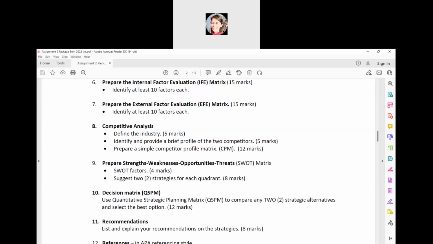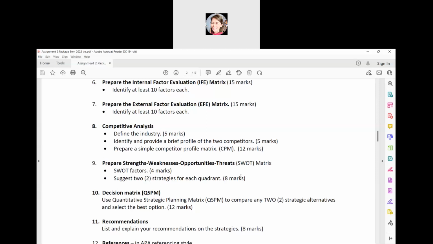You need to reanalyze and see what's going on with these factors, and you'll have to come up with two strategies based on the factors that you have identified and carried forward to stage 2.